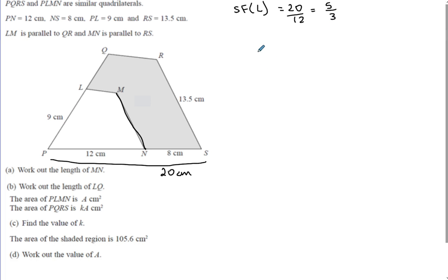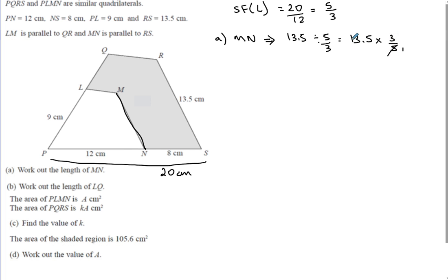So for part A, your length of MN would be, we're going from bigger to smaller, so you're going 13.5 divided by 5/3, which is the same as 13.5 times 3/5. You can cross divide.